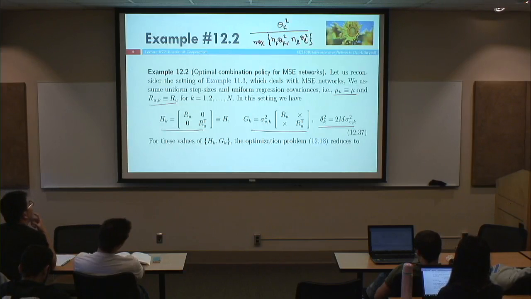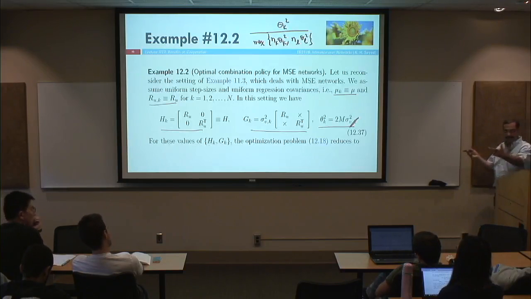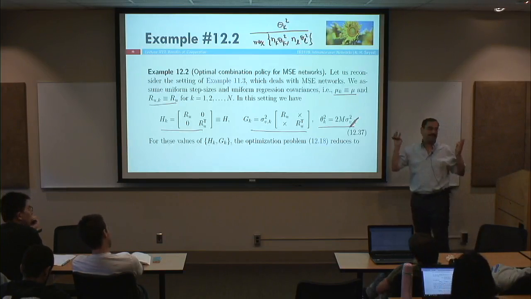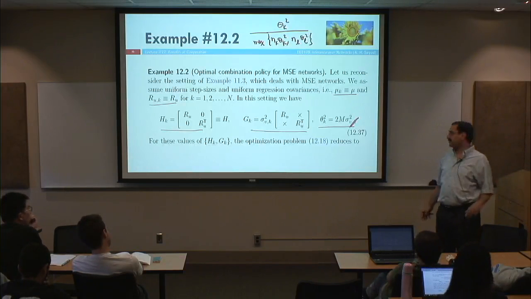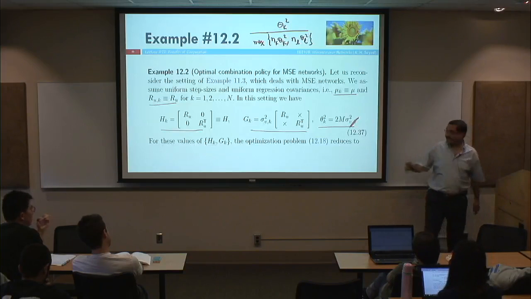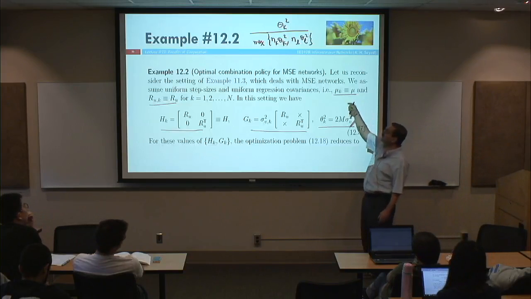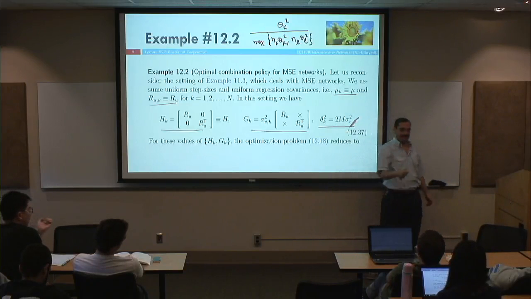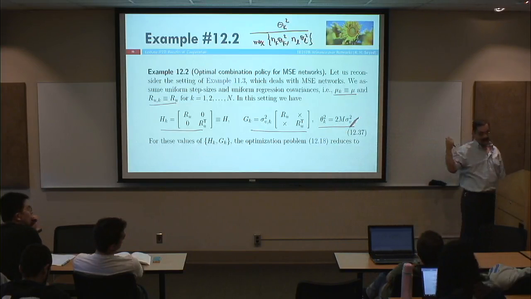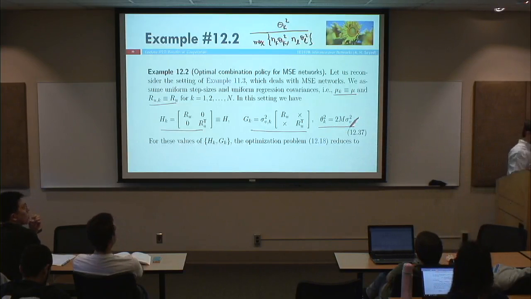For example, if the noise variances happen to be the same across the agents, they will cancel out. You don't even need to worry about them. So sometimes the theta cancels out, and you don't really need to estimate it. In that case, you end up having the Metropolis rule, so the Metropolis rule ends up being an optimal solution in this case.